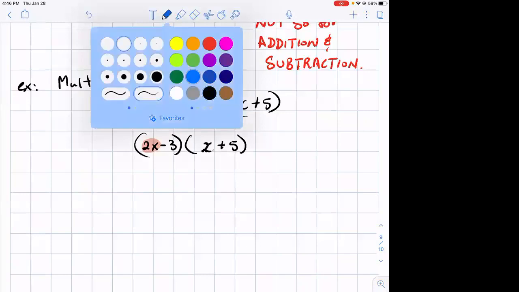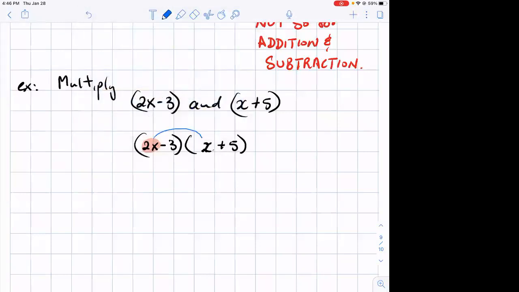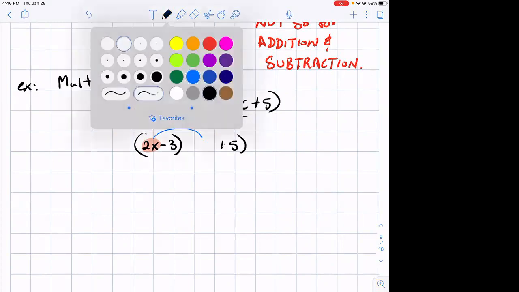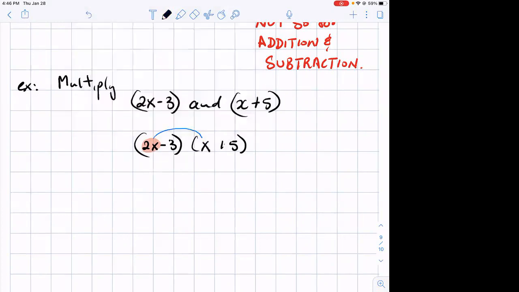So what is 2x times x? And this here I should write just to make sure that it looks the same. It's x plus 5, because in math you have to be careful. In math, this x and this x here are two different x's.